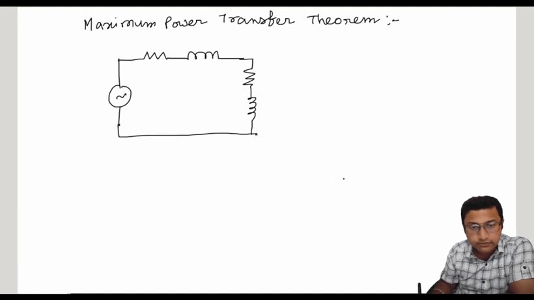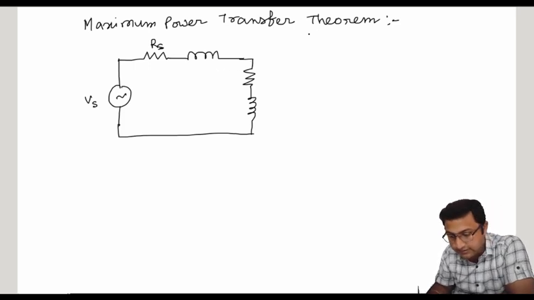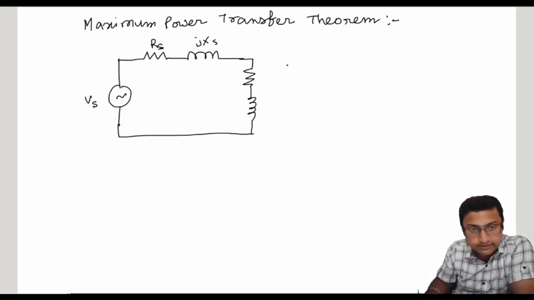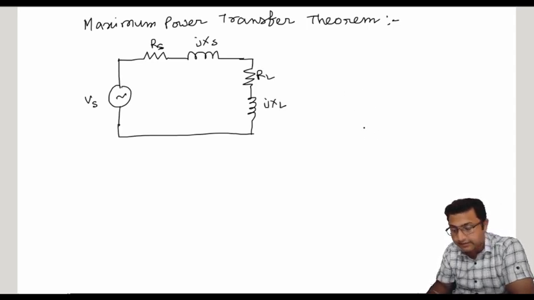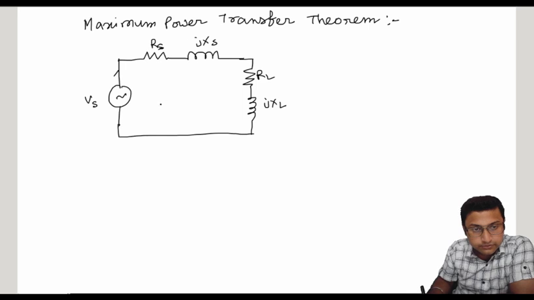So suppose this is the supply voltage Vs and this is Rs, the series resistance, and this is jXs, this is RL and jXL, and the current flowing through this supply voltage is I.